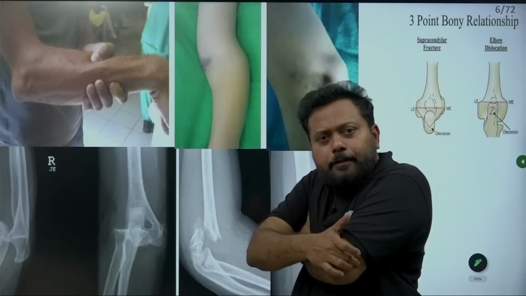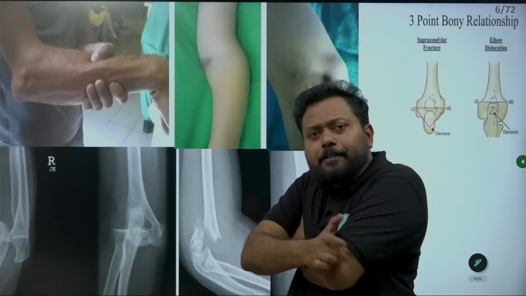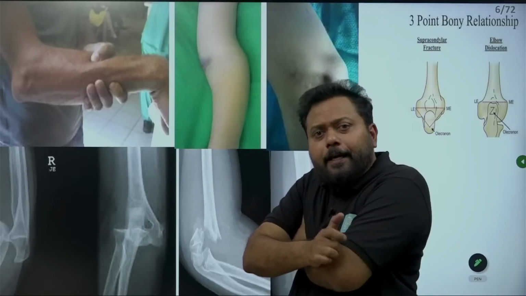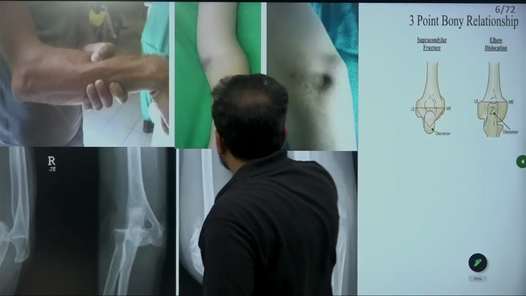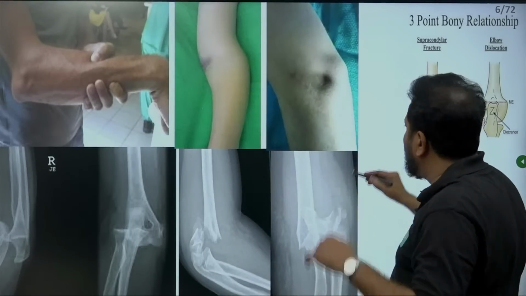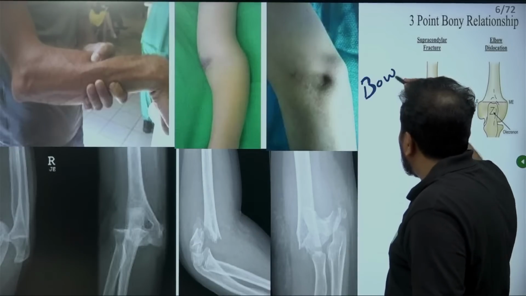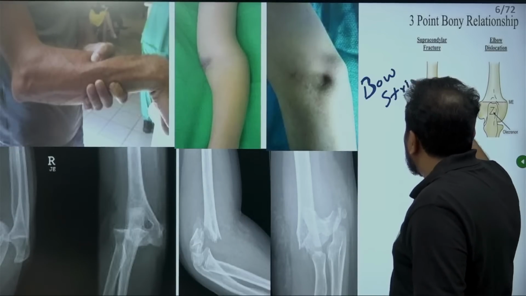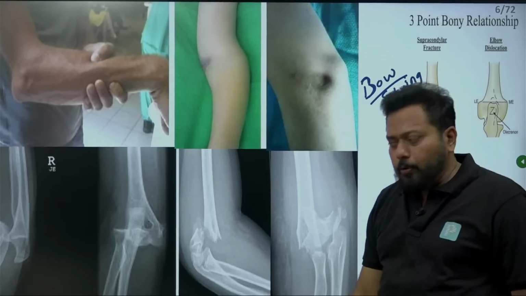That's called a bowstring sign. So this is a very practical clinical sign of elbow dislocation. I have a bow and arrow, bowstring sign. Very practical sign of elbow dislocation, bowstring sign.